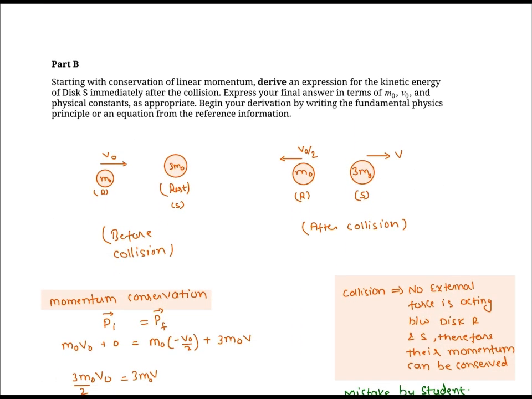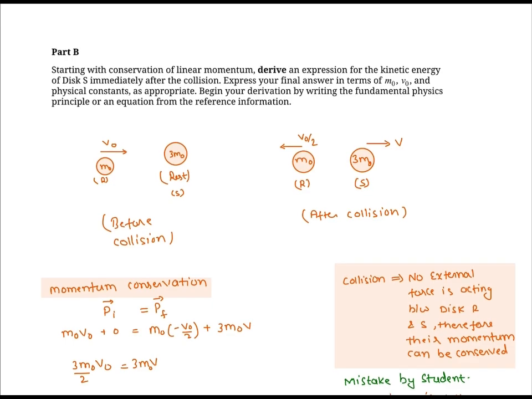Now let's see part B. They are saying, starting with conservation of linear momentum, derive an expression for the kinetic energy of disk S immediately after collision. I have already told you that we can apply momentum conservation because there is no external force acting on our system. After collision, I have to find the velocity v with which the 3m naught mass is moving.